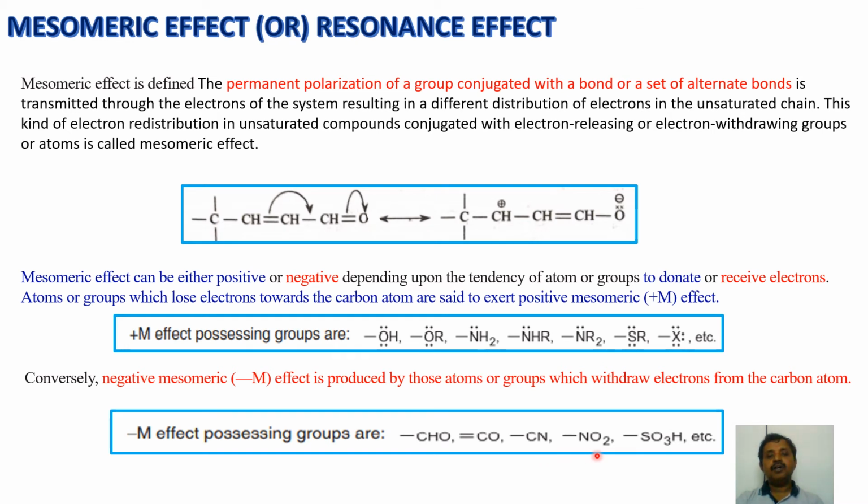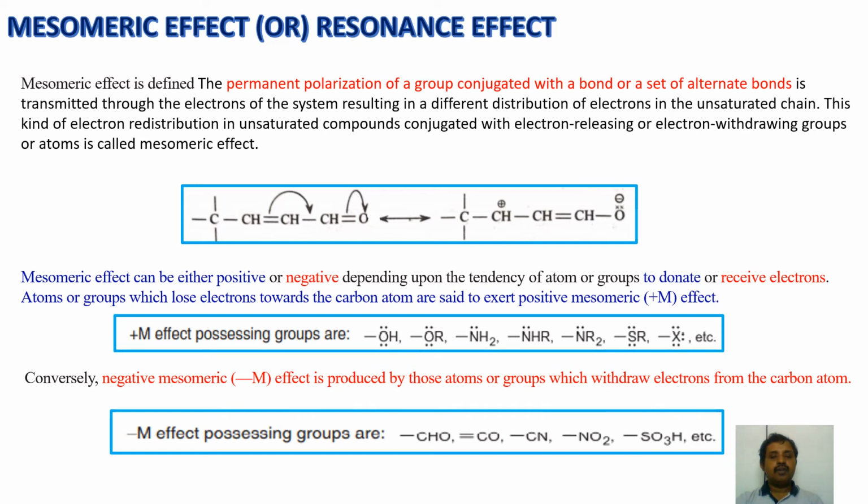In the NO2 group, nitrogen and oxygen bear a double bond. Whenever the atom connected to the conjugated system is also connected to a highly electronegative atom such as oxygen or nitrogen with a double bond or triple bond, then it acts as a minus group showing negative inductive effect.